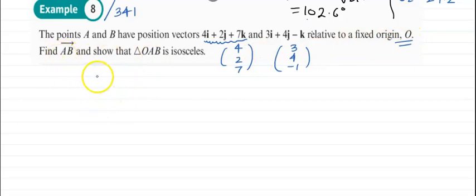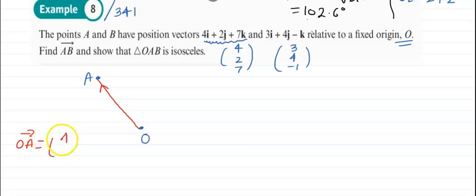So if this is A with respect to O, its position vector, we need to find OA. OA is 4, 2 and 7, as given here. So let's write down here, it is 4, 2 and 7.